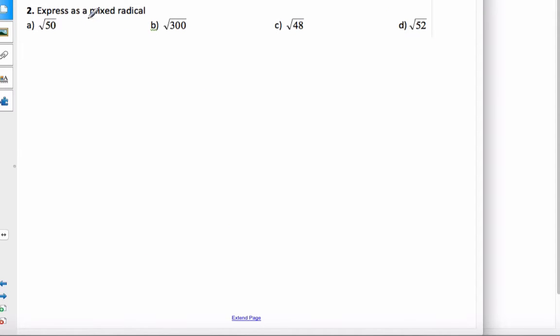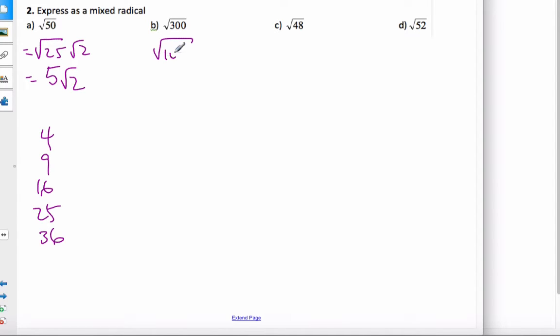Let's work with our numbers. We want to express these as mixed radicals. And so to do it, we look at our magic list, which is 1, 4, 9, 16, 25, 36, and so on. And I can see that this is 25 times 2. This I know is 5 root 2. 300 is 100 times 3.